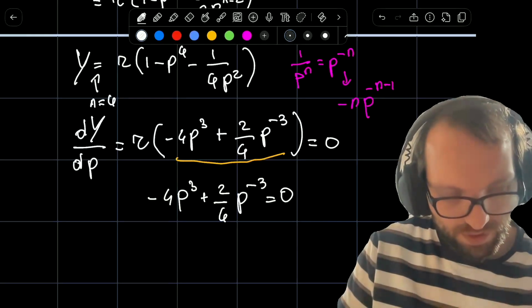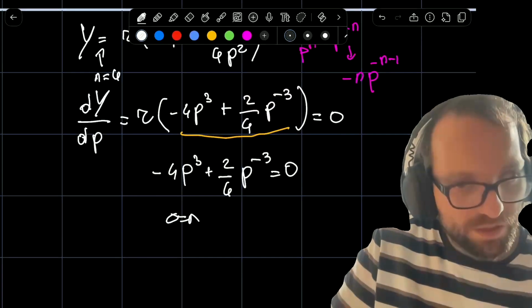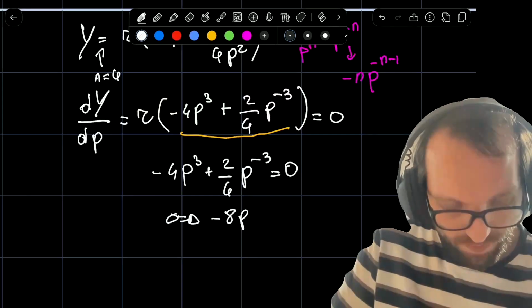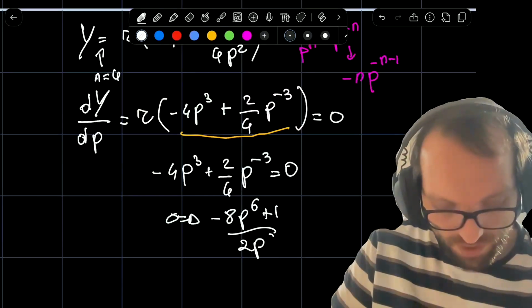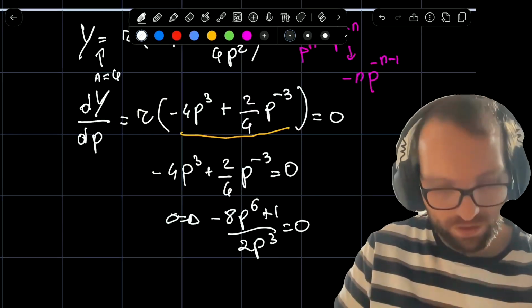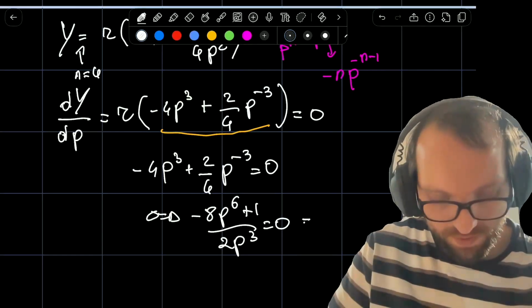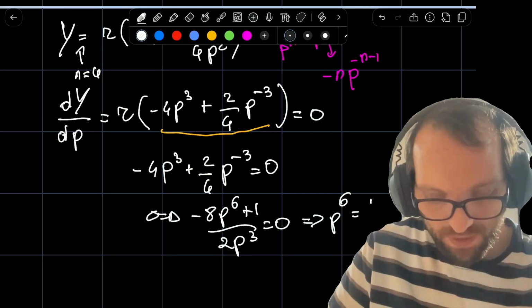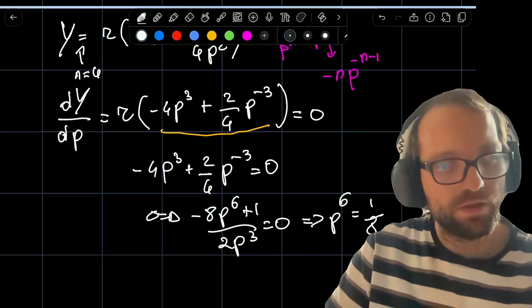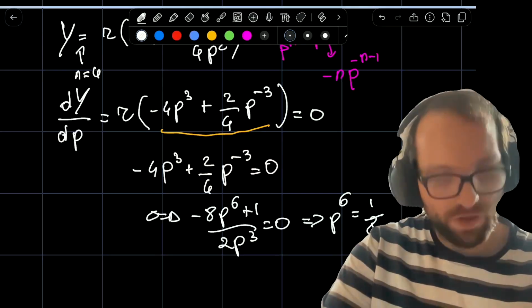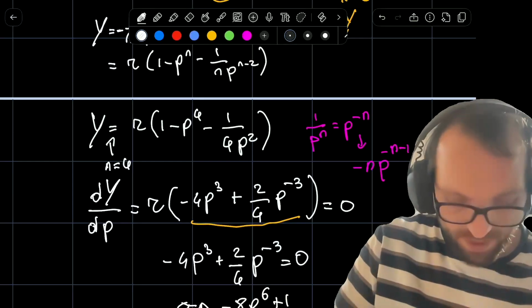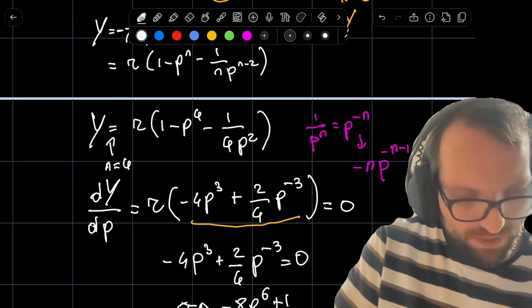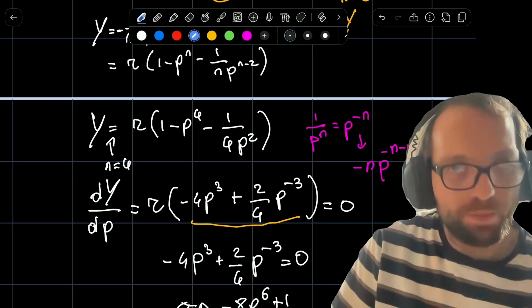Okay, and this is going to become something like this, which means that p to the 6 is equal to 1 over 8. Okay, now, but the problem is that now in big Y, we don't have p to the 6, but we have p to the 4 and p to the second.